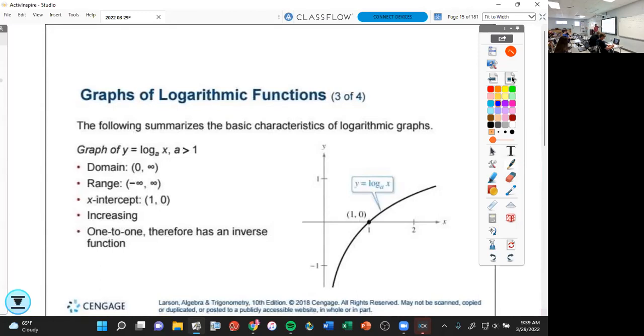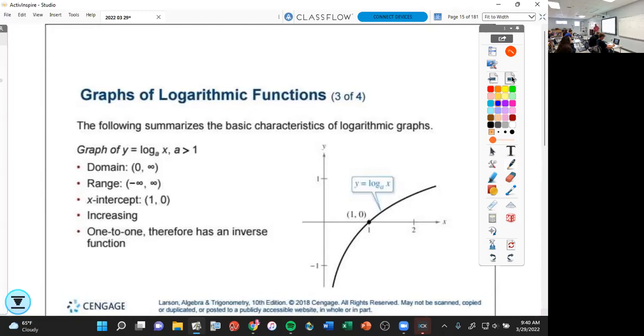What's the range of logarithms? Why? Because we swapped the x and the y, right? Isn't domain your x values? So if the domain on exponential is all x values, that means the range is all y values on the logarithm. Okay? Same is true of the domain. The domain of the logarithm is the range of the exponential.